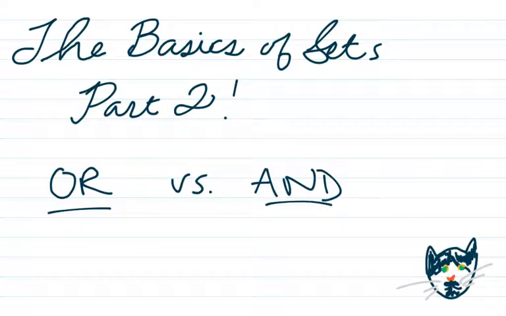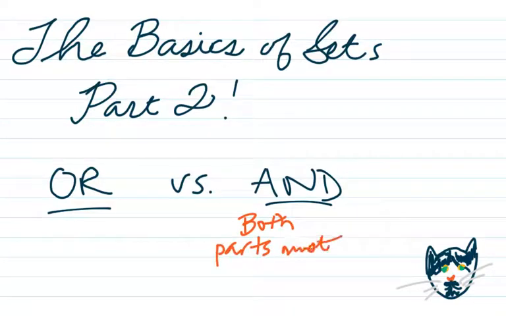If I came home and I had a chocolate cake, I would have met the requirements of an or statement. So, for an and statement to be true, both parts must happen, both parts must be true. For an or statement, it's true if either part is true.